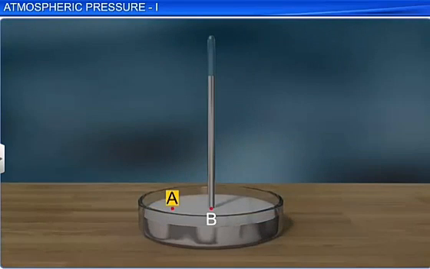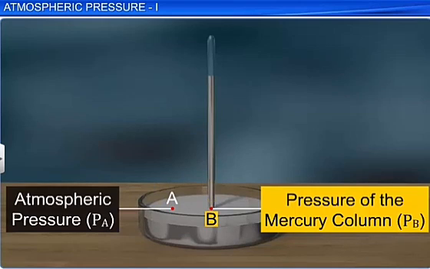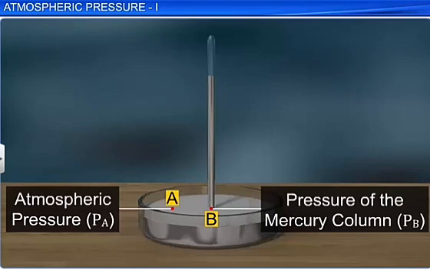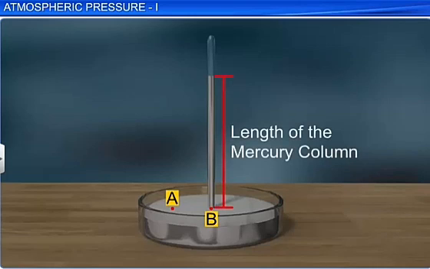There is air above point A and the mercury column above point B. PA is the pressure exerted by the atmosphere at point A, and PB is the pressure exerted by the height of the mercury column in the tube at point B. Since A and B are on the same horizontal plane, PA is equal to PB. Therefore, the atmospheric pressure is expressed in terms of the length of the mercury column.